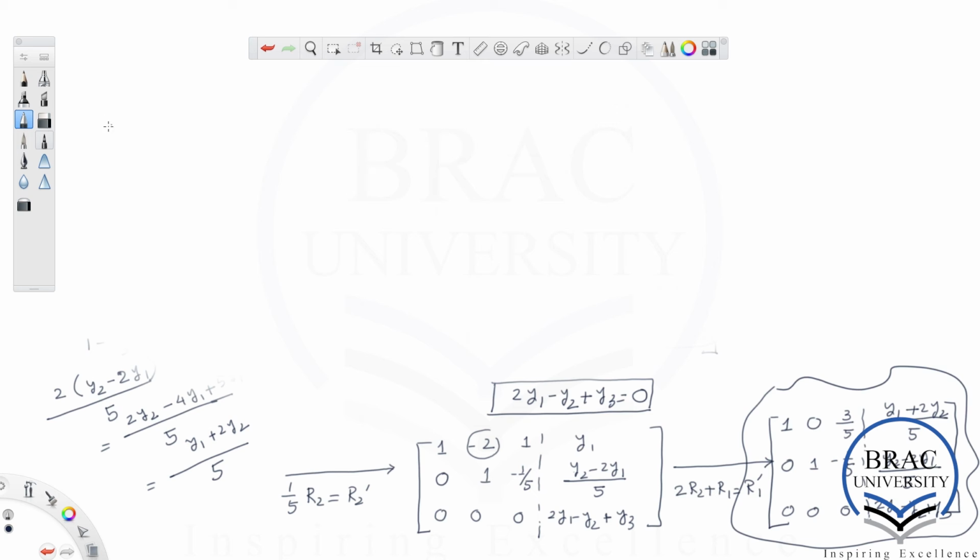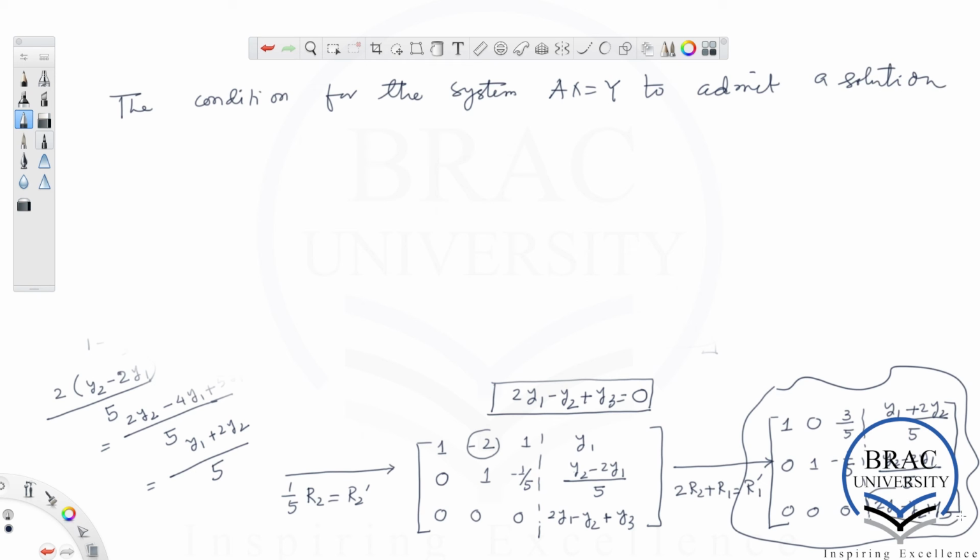So the consistency condition. Let me write it first. The condition for the system Ax is equal to y to admit a solution is the following.